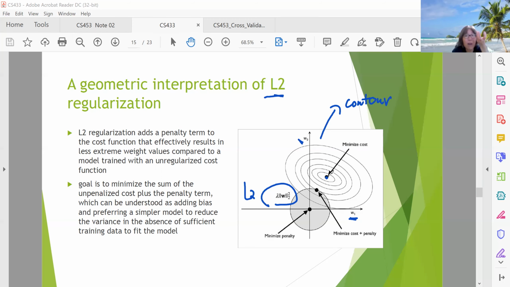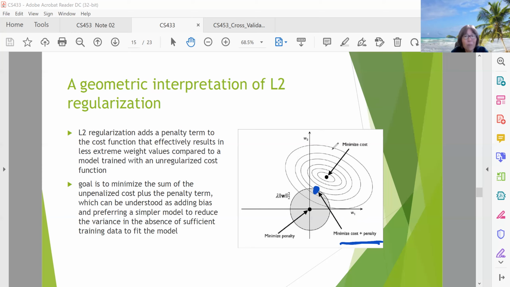This is the lowest point, which minimizes the cost. That's the weights, W1 and W2, if we don't consider any regularization. But if you consider regularization, then the lowest point is going to be moved to this point, the intersection of the L2 and the cost function.